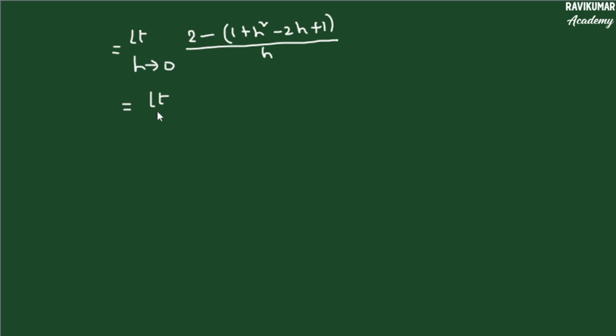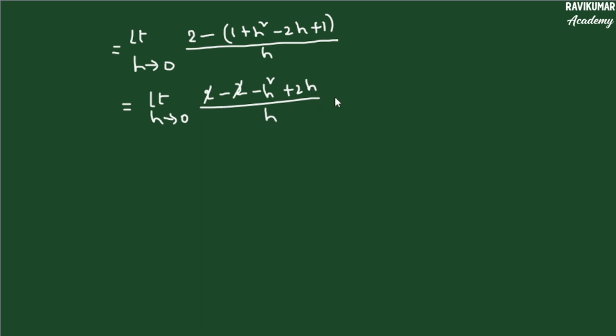This is limit h tends to 0, 2 minus, I am writing it again, 1 plus h square minus 2h plus 1 by h. So continuing from here, it is limit h tends to 0, 2 minus, so it is 1 plus 1 is 2, again it is minus 2 minus h square plus 2h by h.